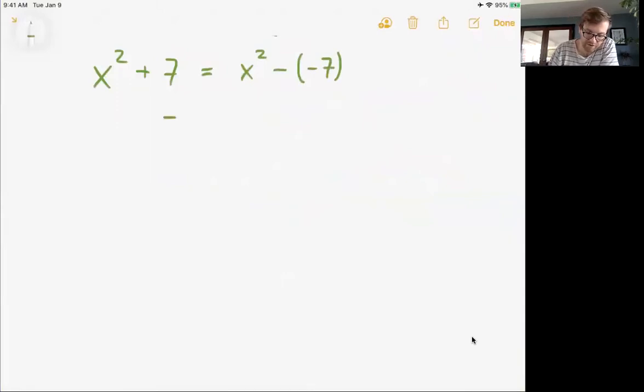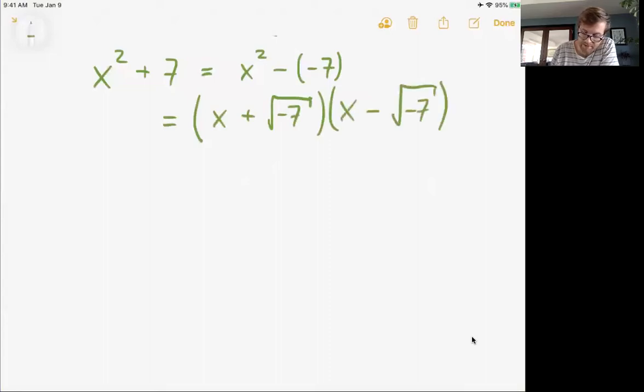And so I could just follow the rule, say, okay, I'll take the square root of the left-hand term, square root of x squared is x, and plus the square root of the right-hand term, square root of negative 7, then x minus the square root of negative 7, and that will work. Those two binomial factors really would multiply together to equal this.